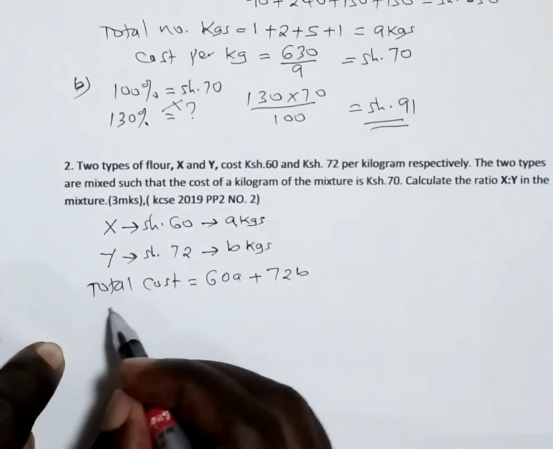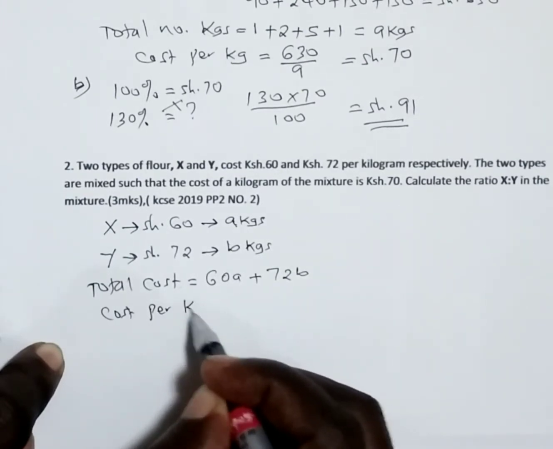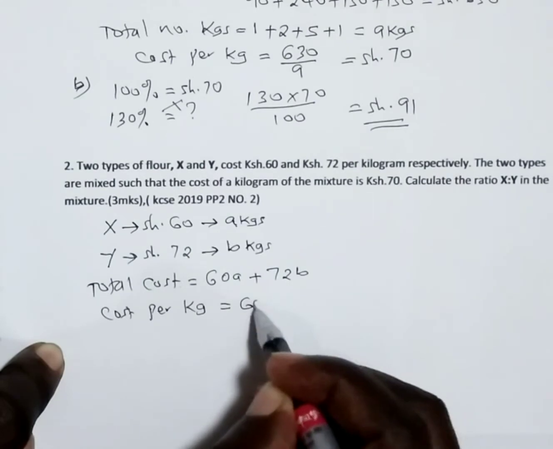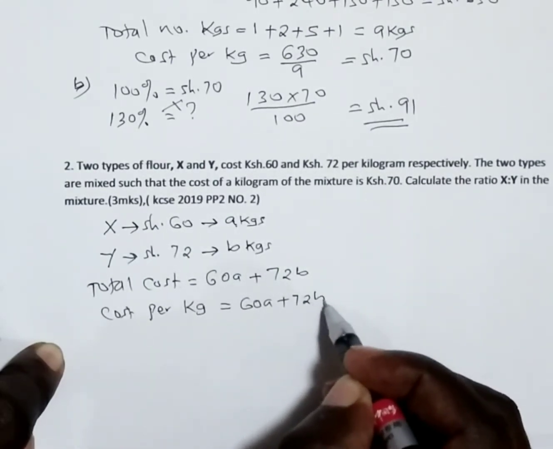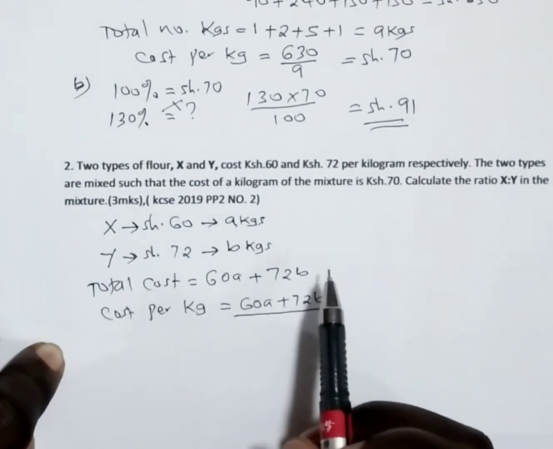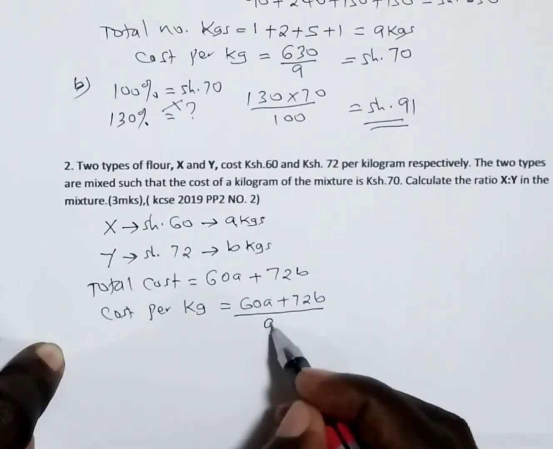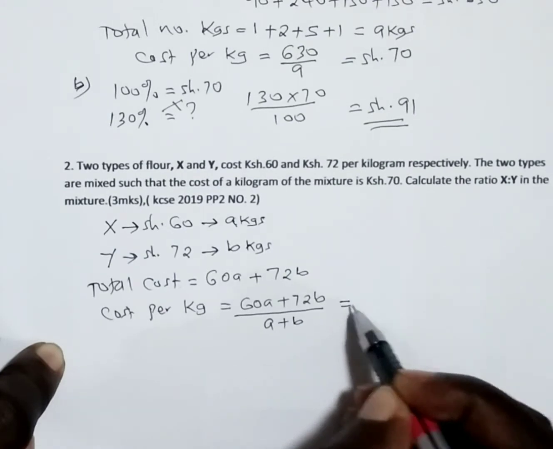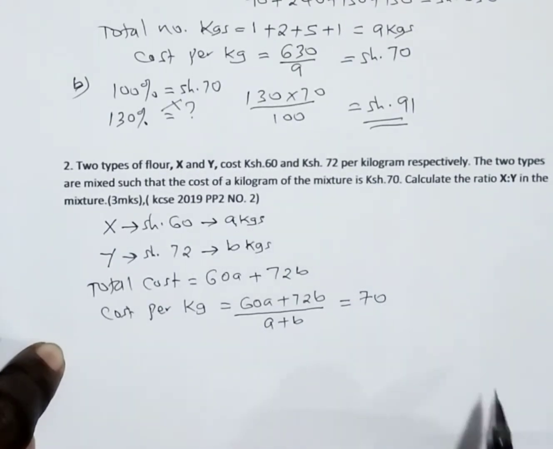Then of course, cost per kilogram would be equal to the total cost of the mixture, which is 60A plus 72B, divided by the total number of kilograms that were bought, A plus B. And this is what we need to get a blend costing 70 shillings.